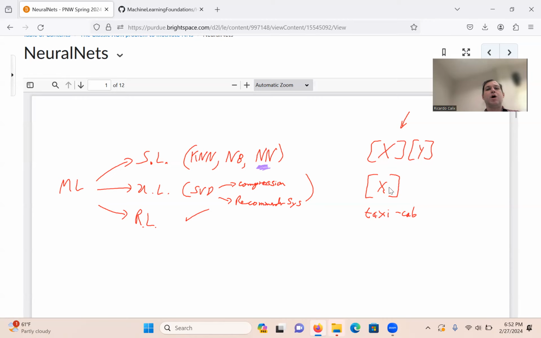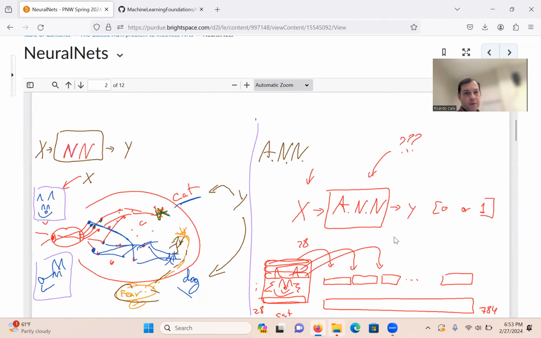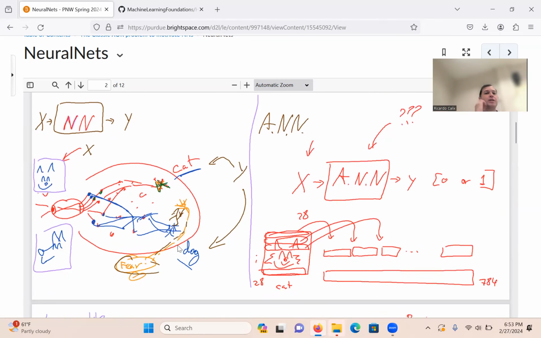So unsupervised, no labels. Supervised, labels. You're a little bit familiar with this, and this is what we will be focusing on, okay? So image of a cat, label cat, image of a dog, label dog. All right, so basically here you can think of a neural network kind of as this, right?